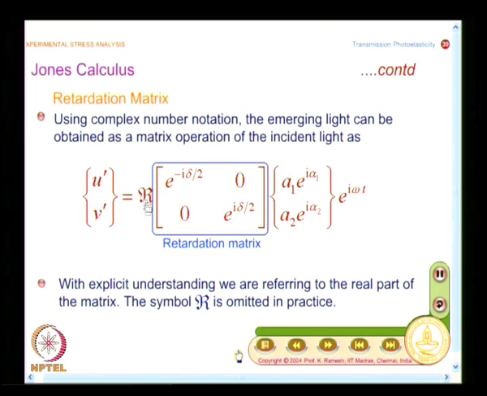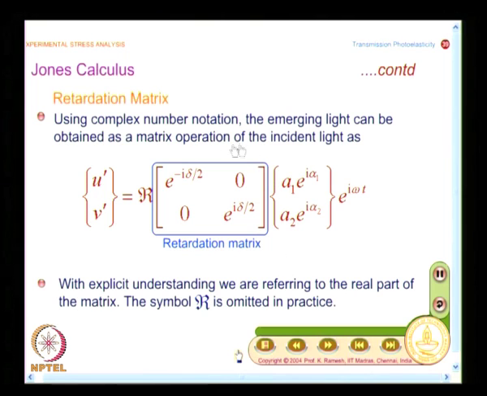Because I write my retardation matrix with the first element as e power minus i delta by 2, I should always represent theta referring to the slow axis with respect to the horizontal, and this is the general light that is impinging on the retarder.